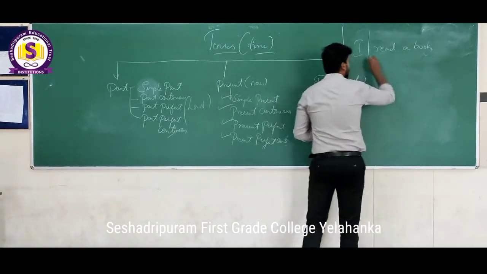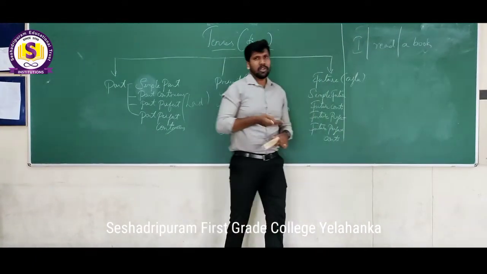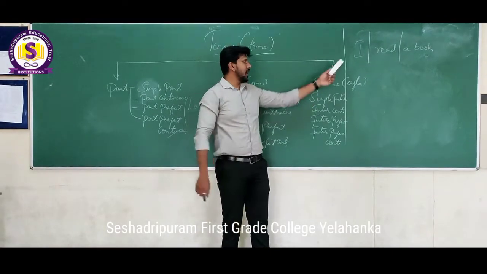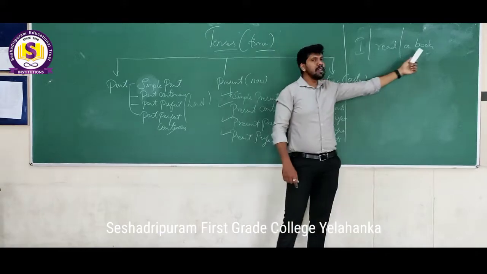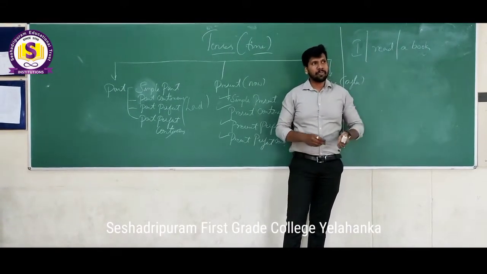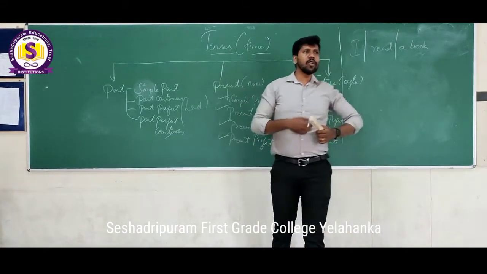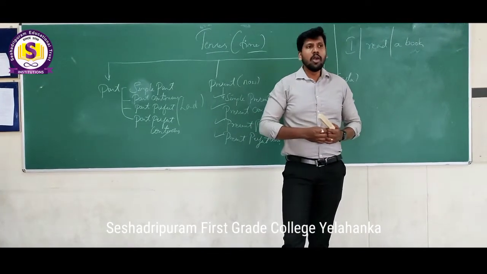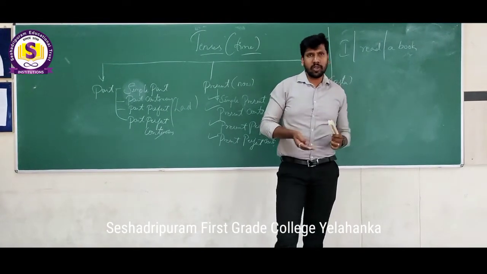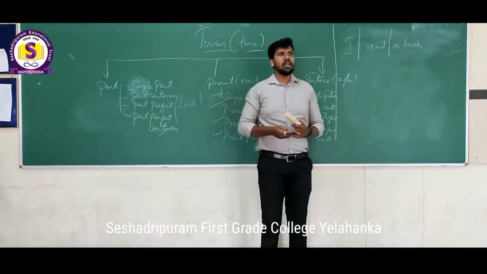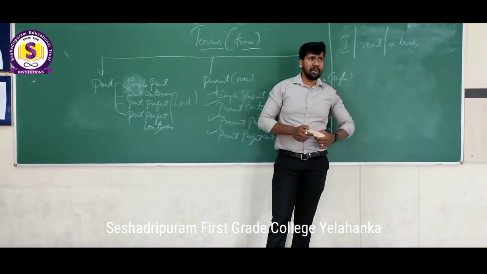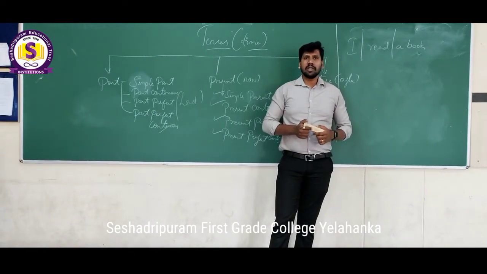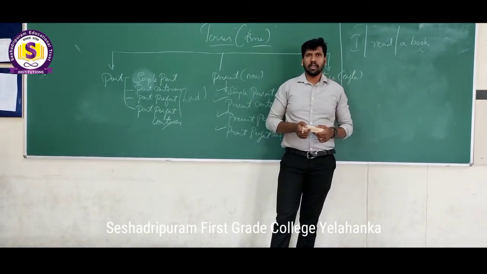So, subject, verb, object: I is the subject, read is the main verb, and a book is the object. We use simple present tense when we are talking about universal truth. For example, the earth revolves around the sun. Another example, mathematics is a science.